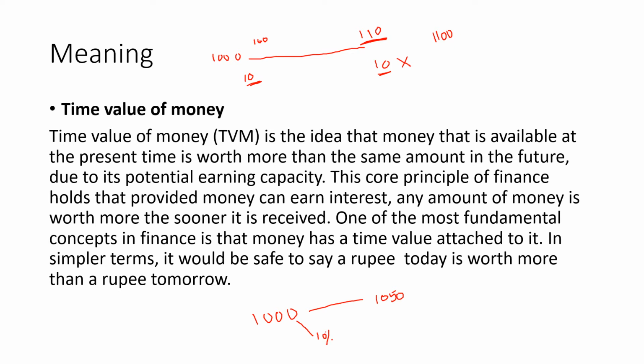That means the amount will be 1100 after 1 year. So which project should I choose? Of course I will select this one because it is giving me more money. And with this 1100 I can buy 10 kg of rice after 1 year also.